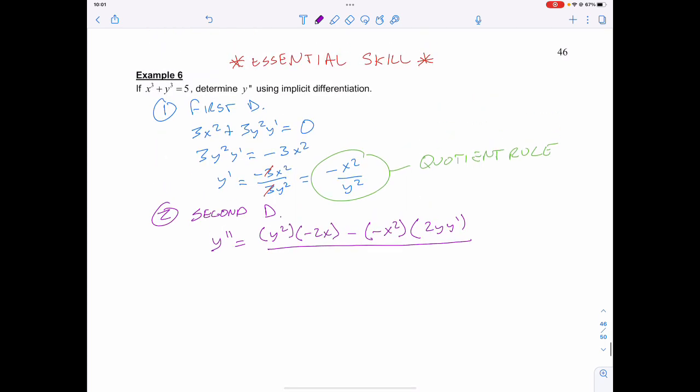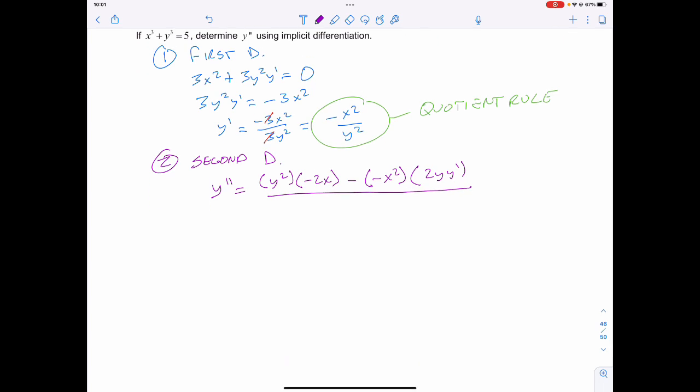And that's all going to be over the low, y squared, squared. Low d high, less high d low, draw a line, and square below.